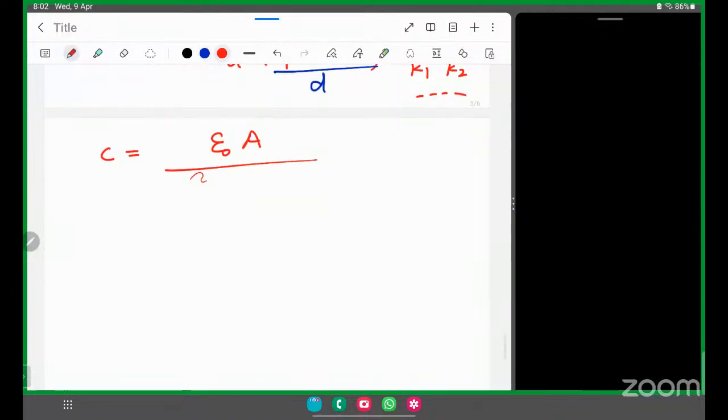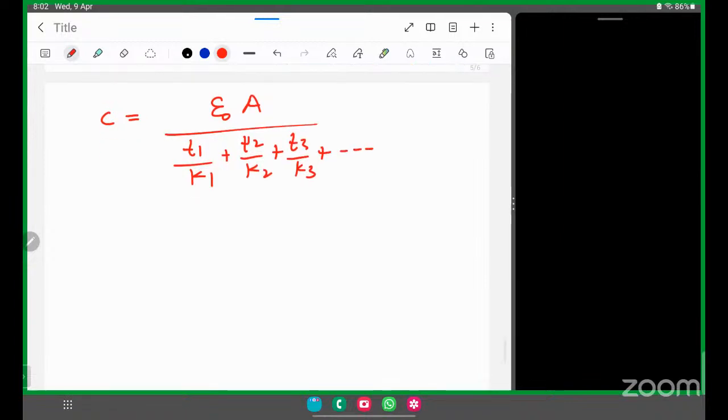And finally, we are left with T1 by K1 plus T2 by K2 plus T3 by K3 plus and so on. Are you getting it? Yes? Or any doubt?